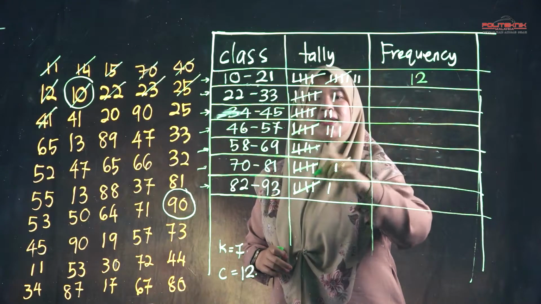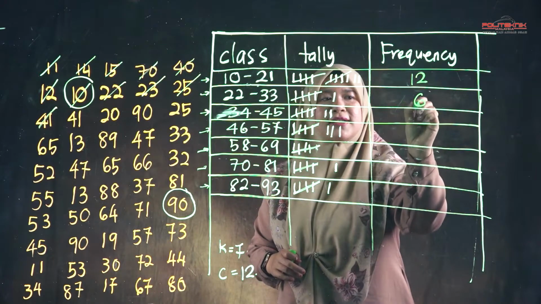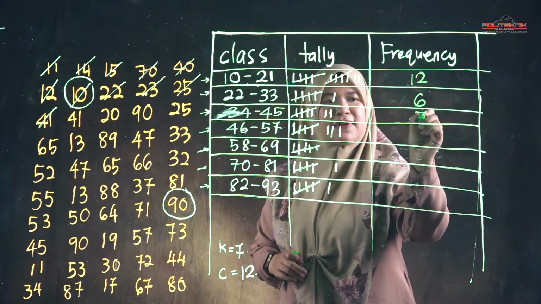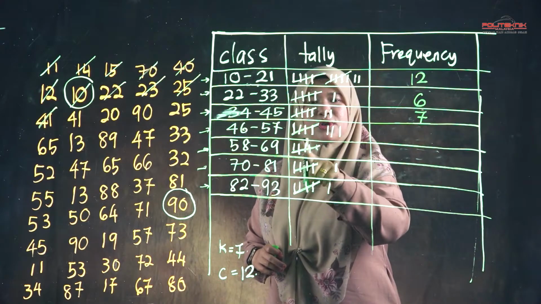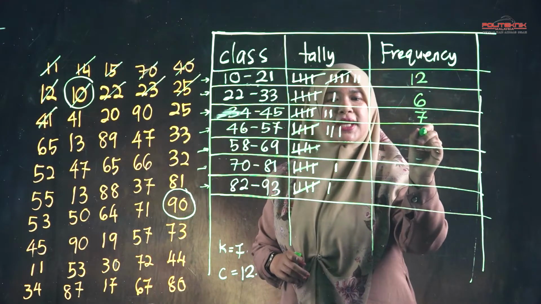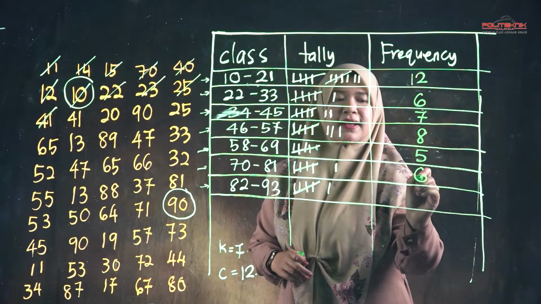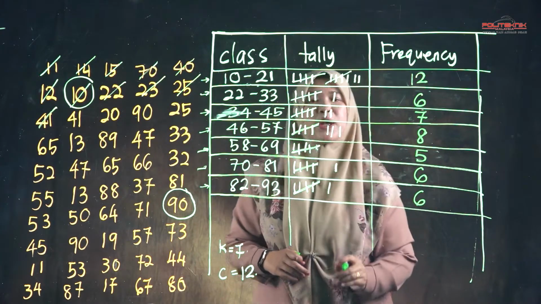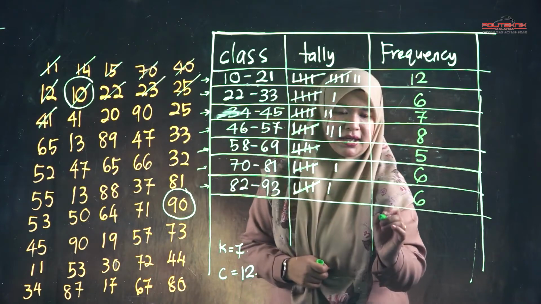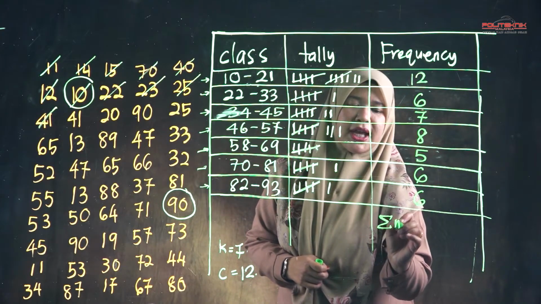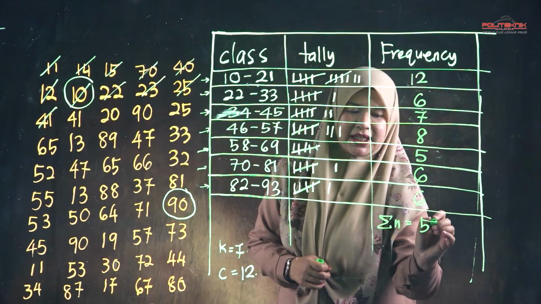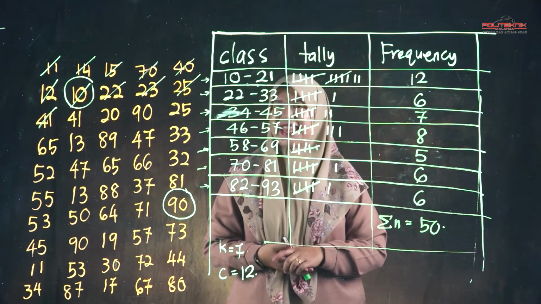The second class frequency is 6. The third class frequency is 7. Then we continue to count up. This one is equal to 8, this one is equal to 5, this one is 6, and the last one is 6. When we sum up all the totals, we get N equal to 50. Alright, that's all for today. Thank you.